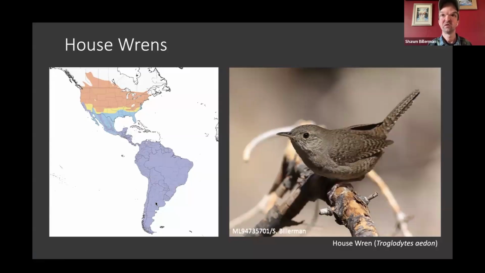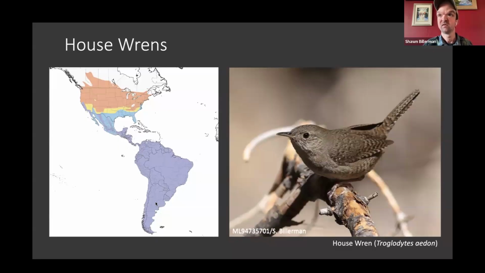And so I'm going to start off with the house wren, which was until recently considered a single very wide-ranging species breeding from southern Canada and North America all the way to Tierra del Fuego in South America, with several distinct taxa in the Lesser Antilles and the Caribbean. However, it's long been thought that the house wren actually represented multiple species, with the Caribbean taxa being particularly distinct vocally and morphologically.